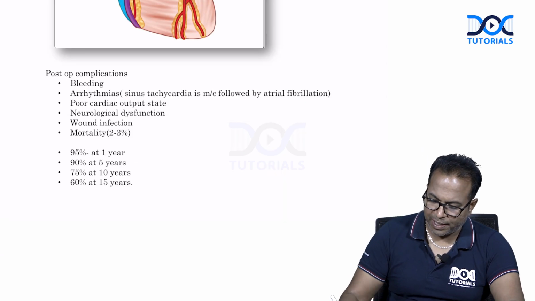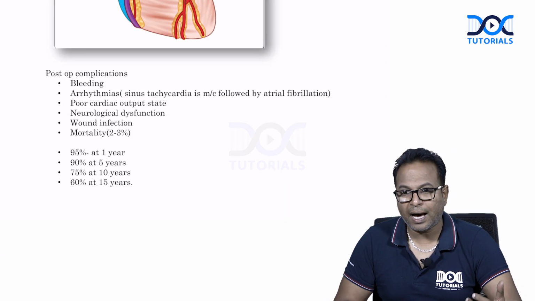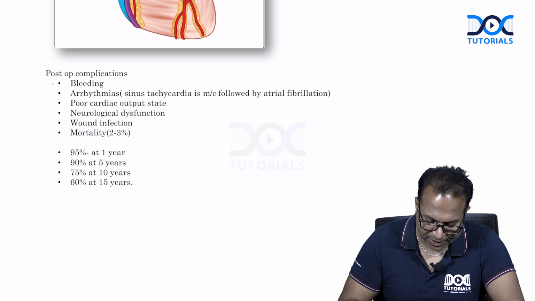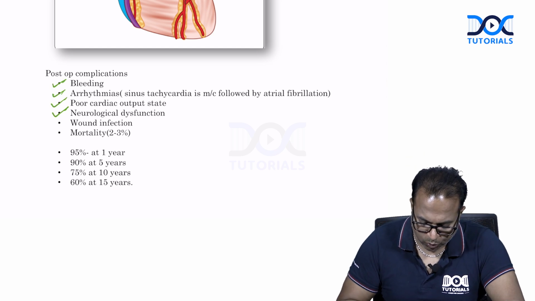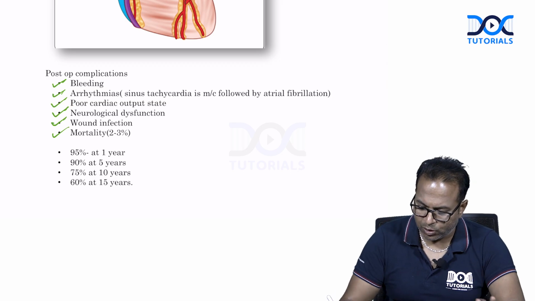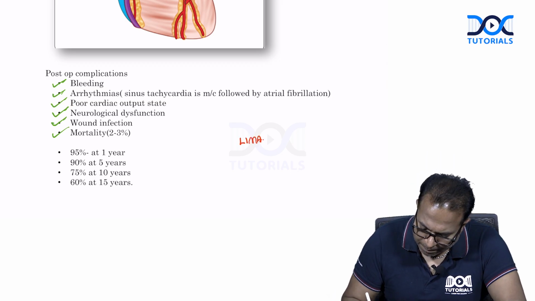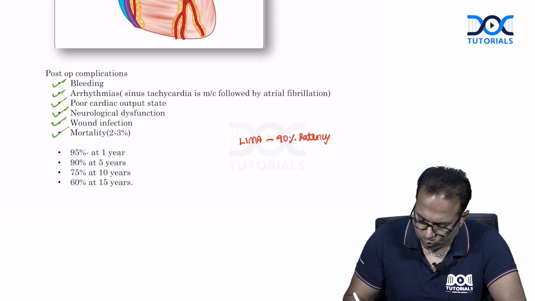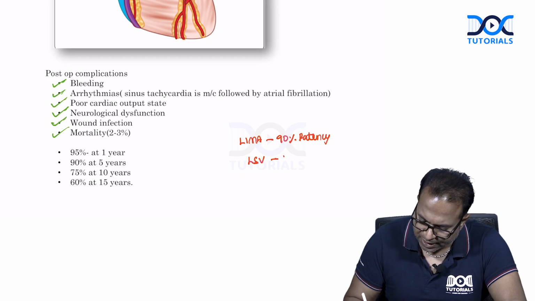So there are postoperative complications like bleeding, arrhythmias, poor cardiac output, neurological dysfunction, wound infection. Mortality also can happen in 2 to 3%. So the take-home point is LIMA is the best, 90% patency. If you use the vein, long saphenous vein has 50% patency at 10 years.